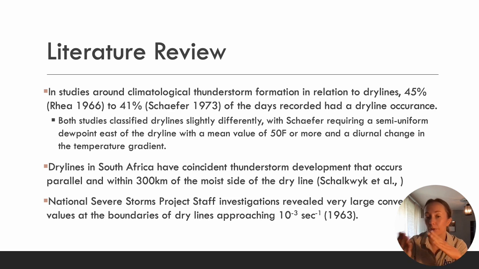To go back to what we were talking about with Africa, there's some coincident thunderstorm development that occurs both parallel and within 300 kilometers of the moist side of the dry line. Obviously, we know that moisture is pretty key to developing thunderstorms, and dry lines, despite their name, always have that one side of them that has quite a lot of moisture in the air.